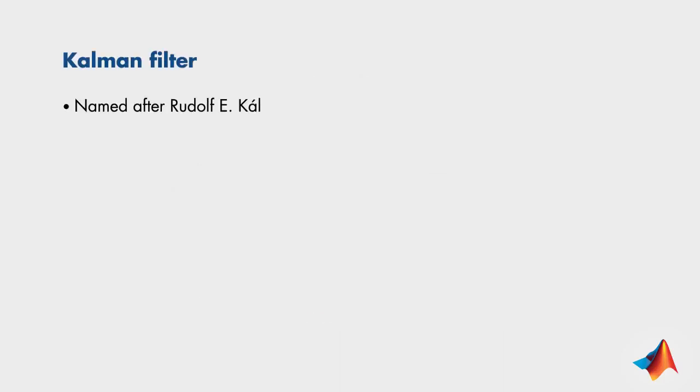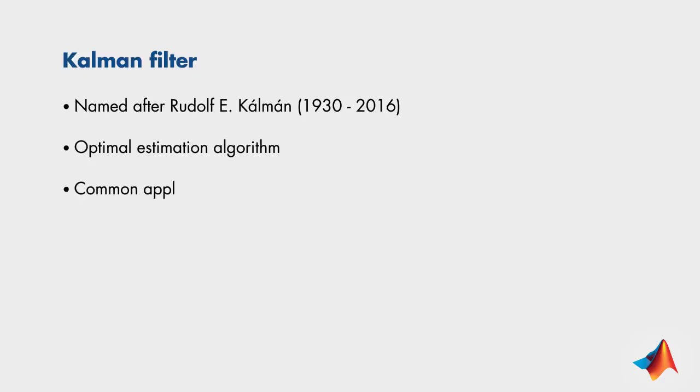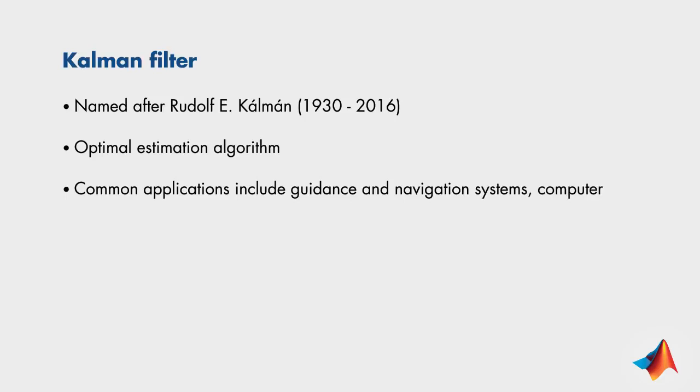The Kalman filter is named after Rudolf Kalman, who is the primary developer of its theory. It is an optimal estimation algorithm that predicts a parameter of interest, such as location, speed, and direction, in the presence of noisy measurements. Common applications of Kalman filters include guidance, navigation, and control systems, computer vision systems, and signal processing.